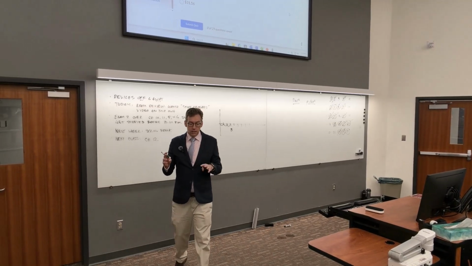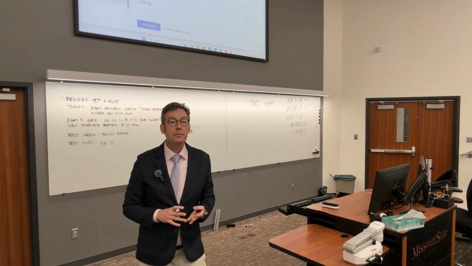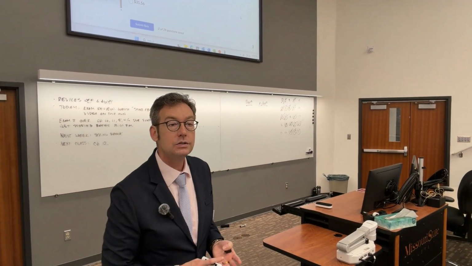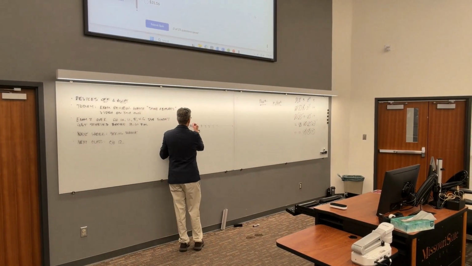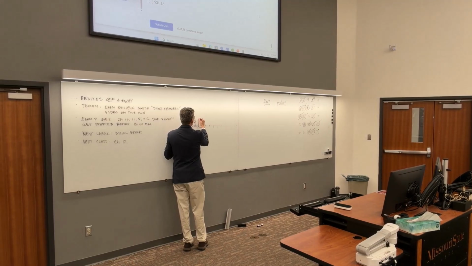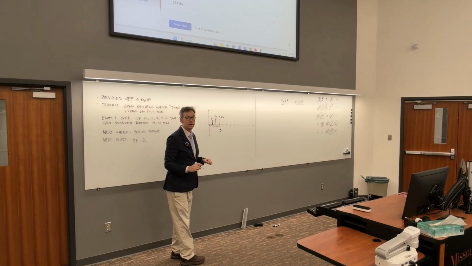Now our process is to find the individual dividends up to the start of constant dividends. That's our first one. And so we're going to have D1, D2, and D3. So that's the first step.